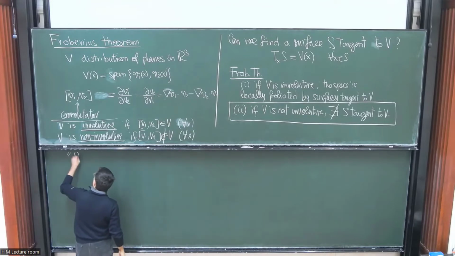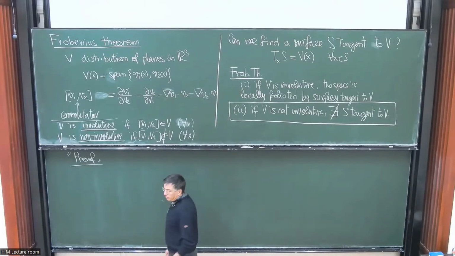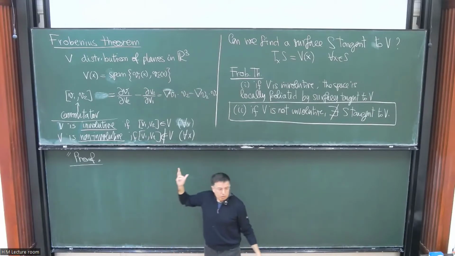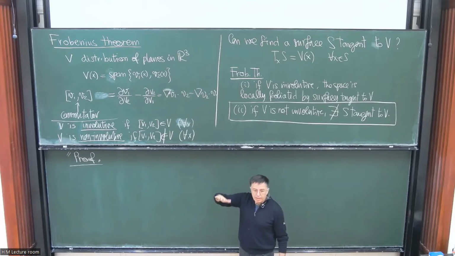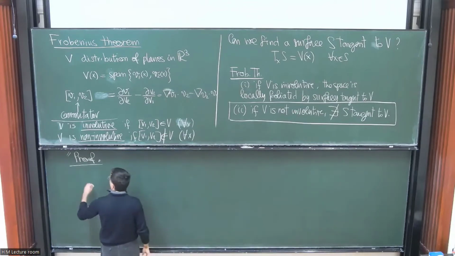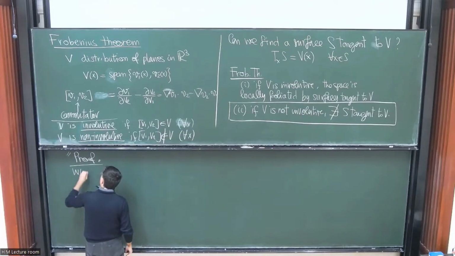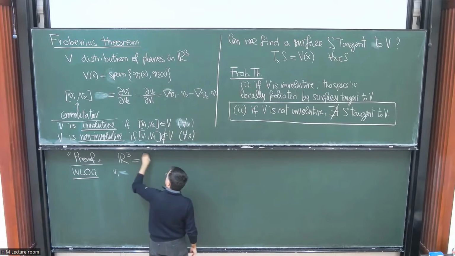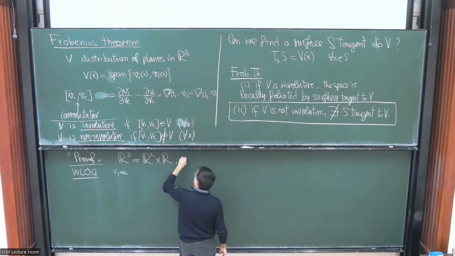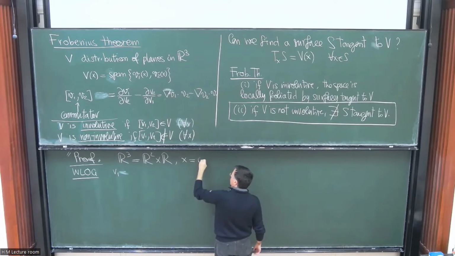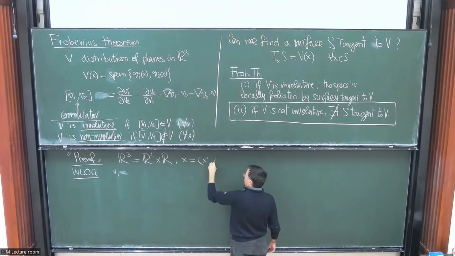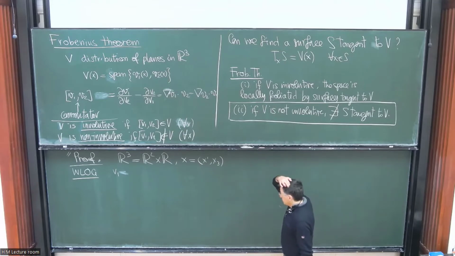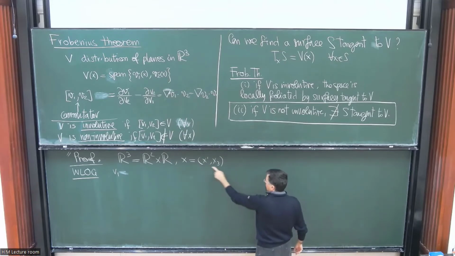So okay, you can restrict without loss of generality. I mean, it's a local theorem, right? So you can restrict to the case where V has a very specific form. So you can assume that V1, so you write R3 as R2 times R, meaning that a point in R3, you actually separate the first two variables and the third one, okay?